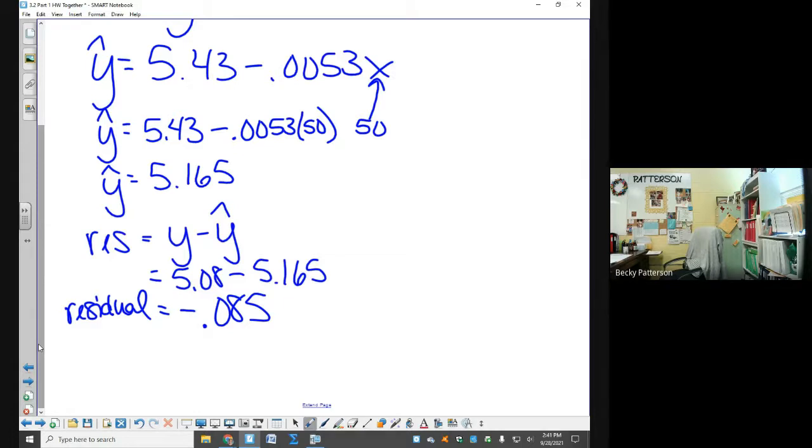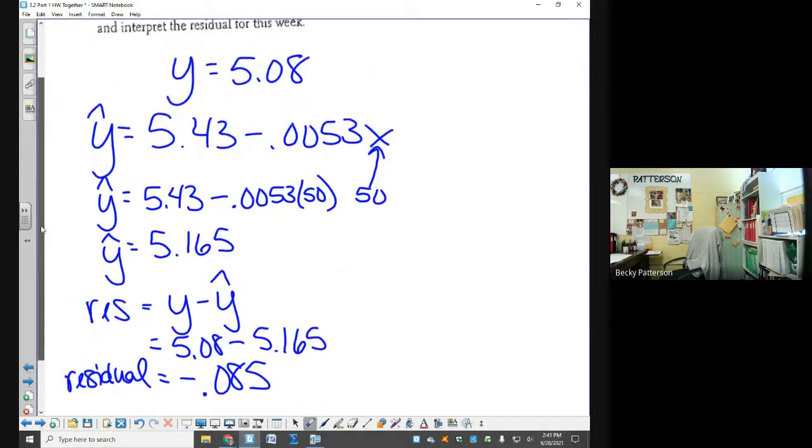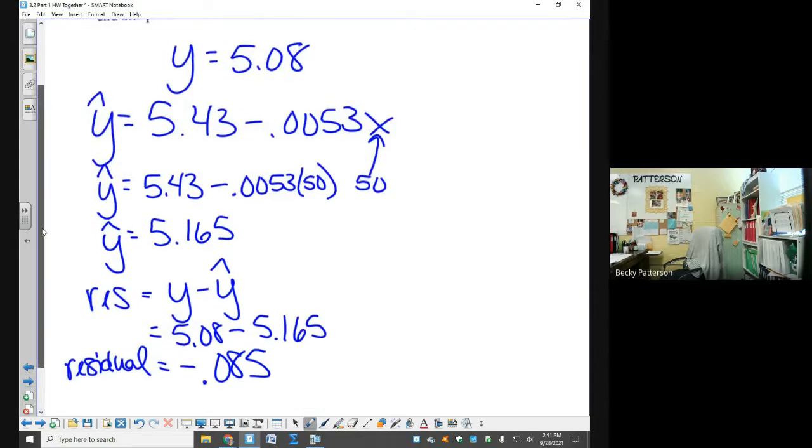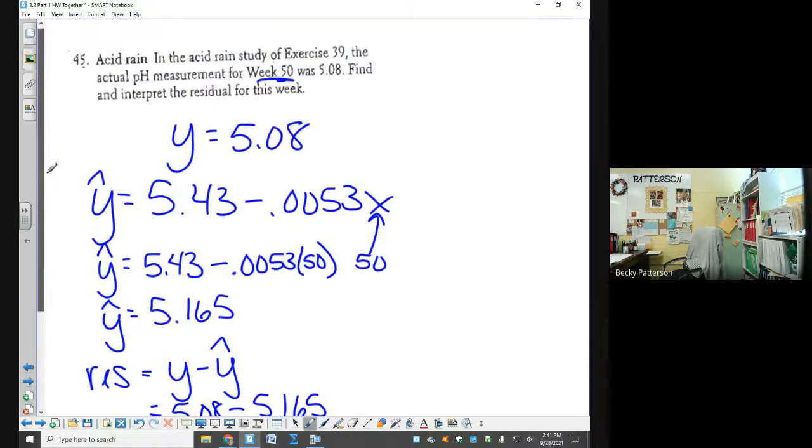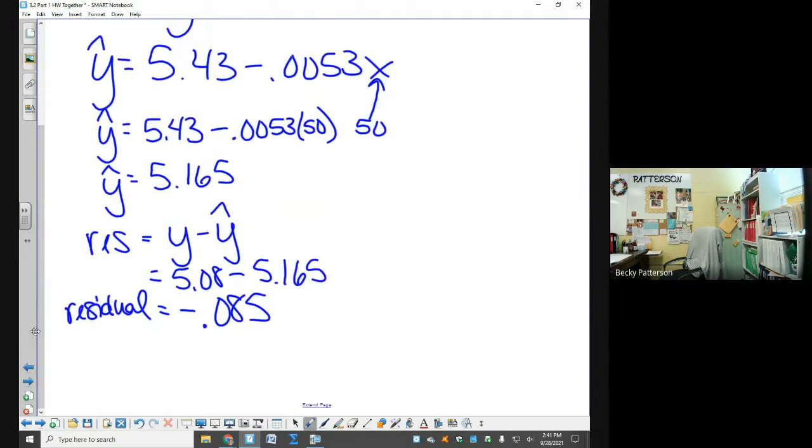So the measurement for week 50 is 0.085 below the predicted pH value for that week.